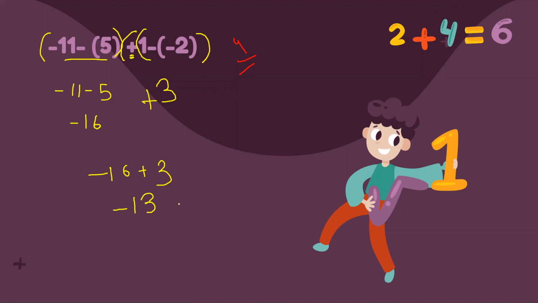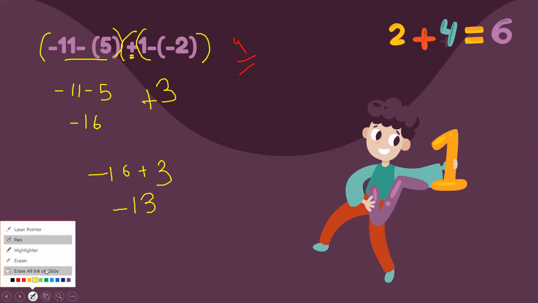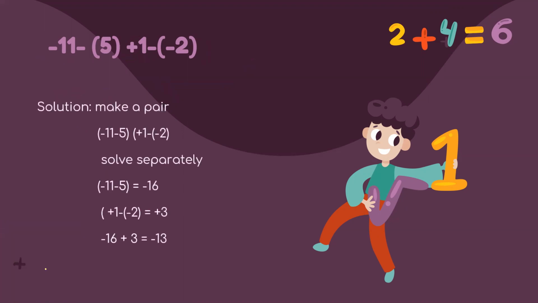Let's check, is it minus 13 only? You can solve it by making a pair, and this bracket should be out. Don't make this type of bracket, the bracket should be out. Or you will get confused and cut the plus sign.